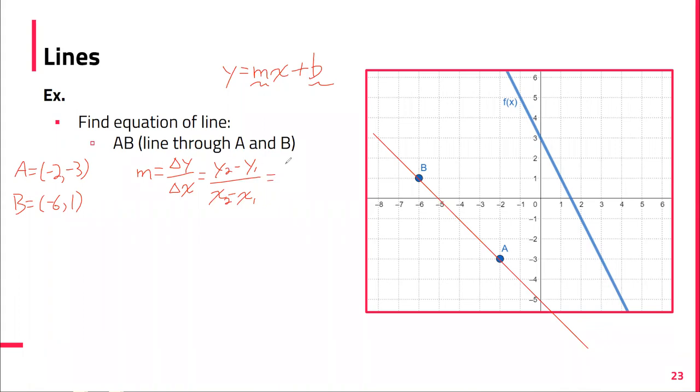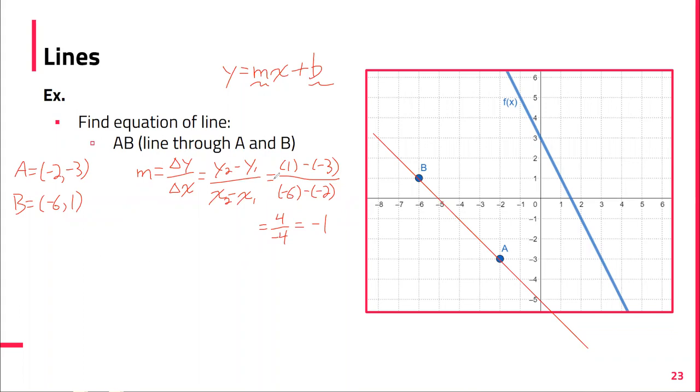So our y2 is 1 minus -3. And then as our other one, we have our x2, -6 minus -2. Okay, so this will turn into +4 over -4, which is -1.